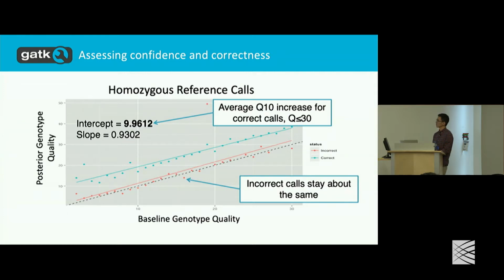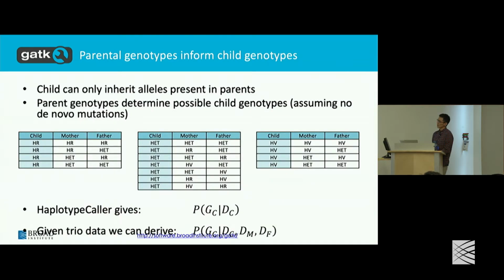All right. That was using the population allele frequency as an independent, orthogonal piece of prior evidence. Here, we can also use, as I said, the family information, the genotypes of the sample's parents.